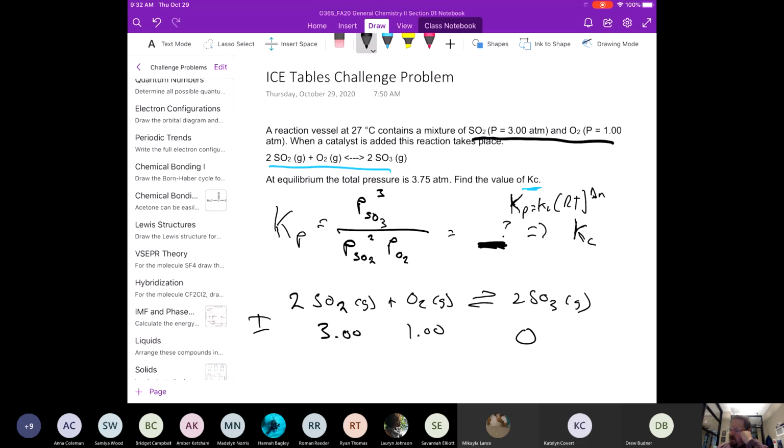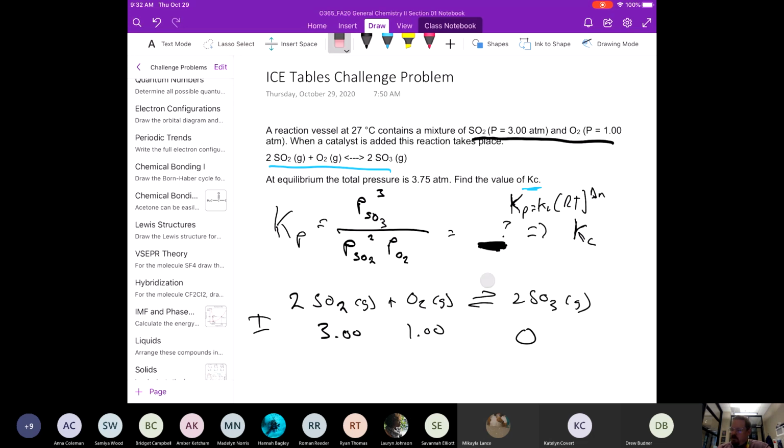Regardless of what the total value is up here, it's going to be a number greater than 0, which means at equilibrium we have to have some amount of SO3. So we're going to shift some of this mass, and this reaction is going to move in that direction.